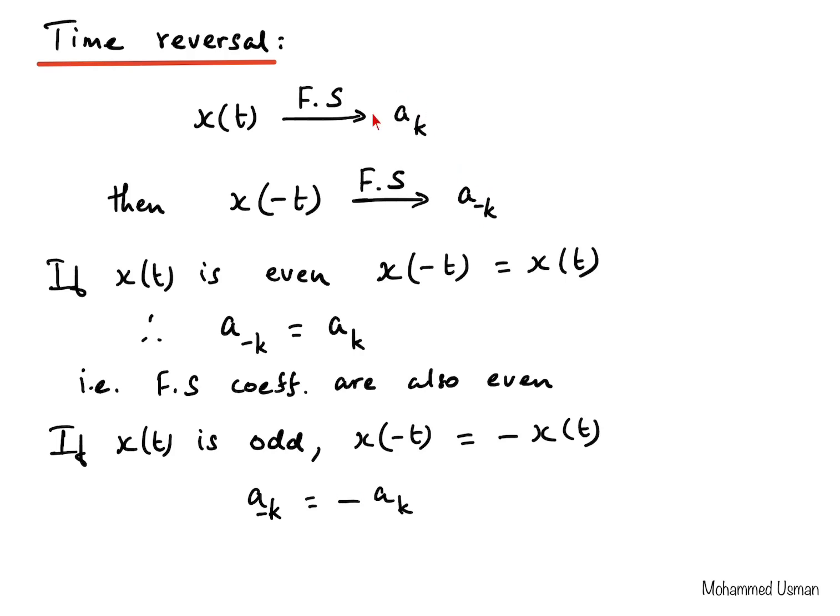So the corresponding Fourier series coefficients are also odd. So if the signal x of t is even, then its Fourier series coefficients are also even. And if the signal x of t is odd, then the Fourier series coefficients are also odd.